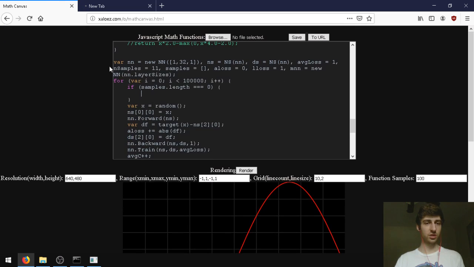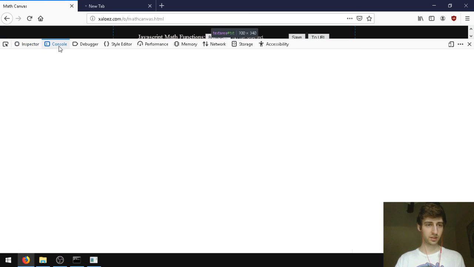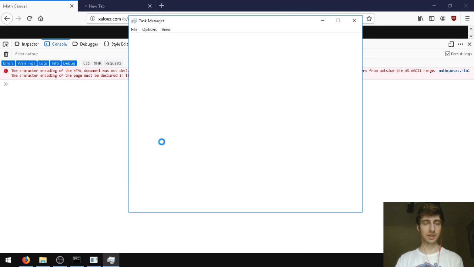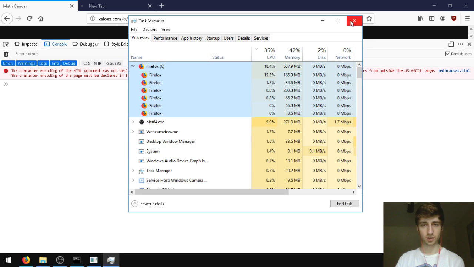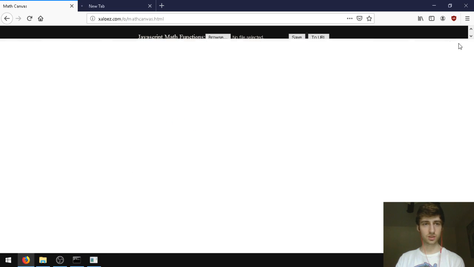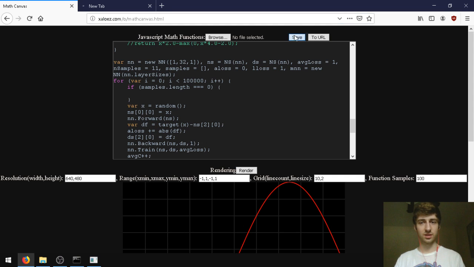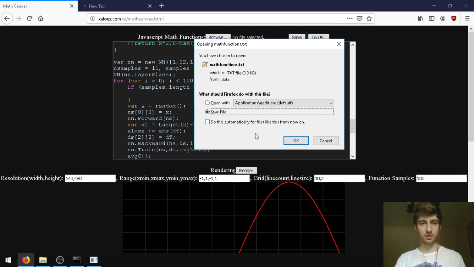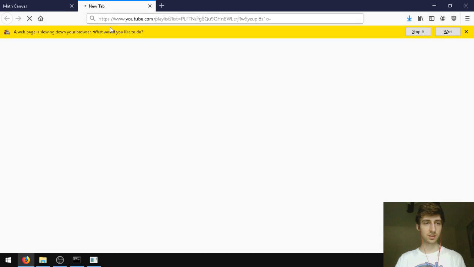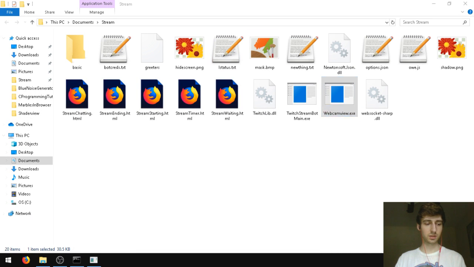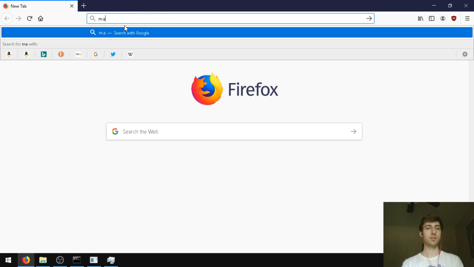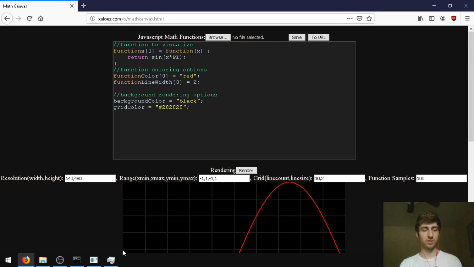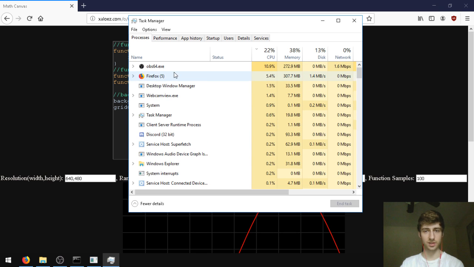A web page is slowing down your browser. What would you like to do? Is it still slowing down? I closed it though. Holy shit! What is using 20% of my CPU? Jesus Christ. Let me save this. Let me just close everything. What was even happening there? That wasn't Math Canvas, was it?